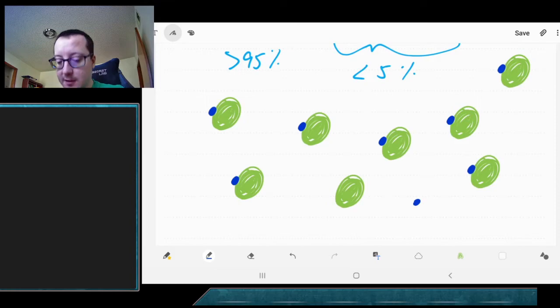Something like this. So we see most of the molecules are clumped together. There's still these little olive things, but every so often, one of them will dissociate. You know, less than 5%. So 5 out of 100 at a given time will have broken apart.